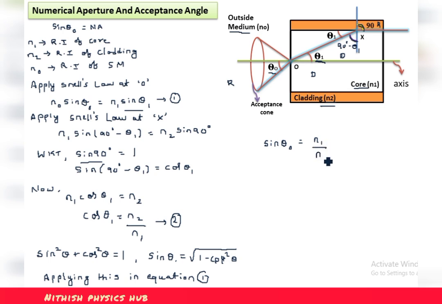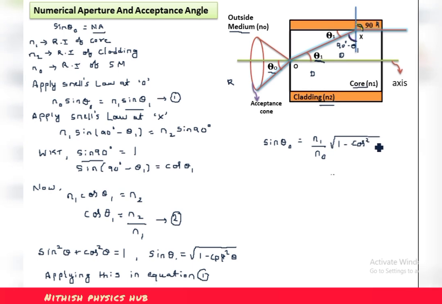Now using equation number 2 in the above equation, we replace the cos theta 1 value with n2 divided by n1, and the equation changes to sine theta naught is equal to n1 divided by n0 times the square root of 1 minus n2 square divided by n1 square. Now the terms in the denominator are taken with the LCM inside the square root, and the value becomes sine theta naught is equal to n1 divided by n0 times the square root of n1 square minus n2 square, divided by n1.